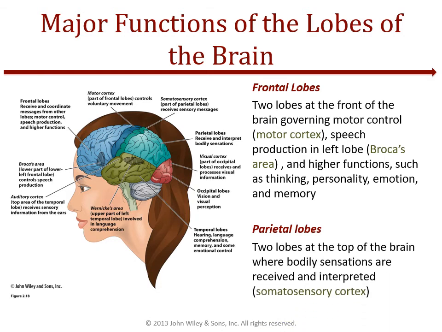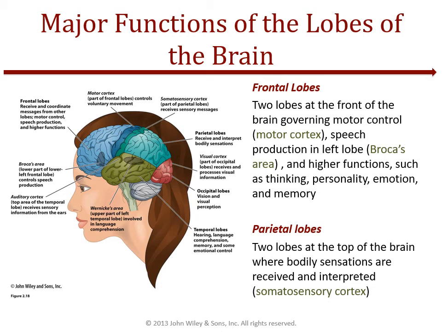Now the parietal lobes receive and interpret bodily sensations, which include our pressure, pain, touch, temperature, as well as the location of our limbs, our body parts. Now within it, there's a band of tissue on the front of the parietal lobe, which is called the somatosensory cortex.